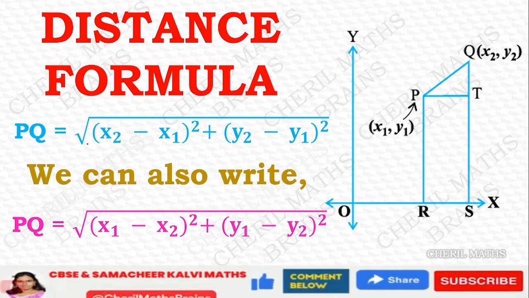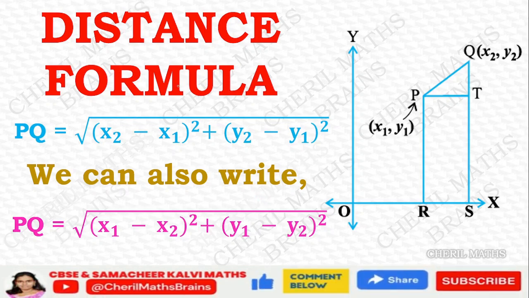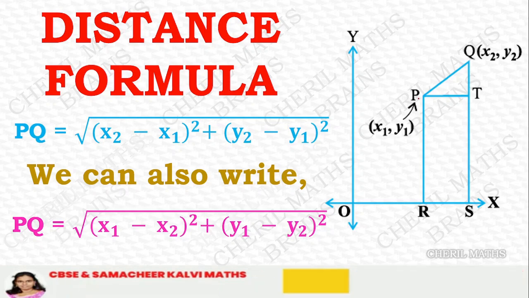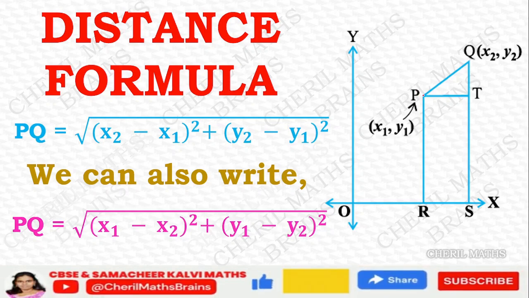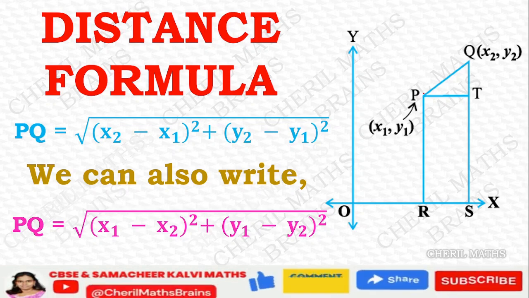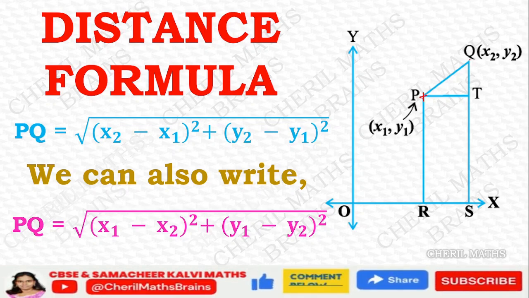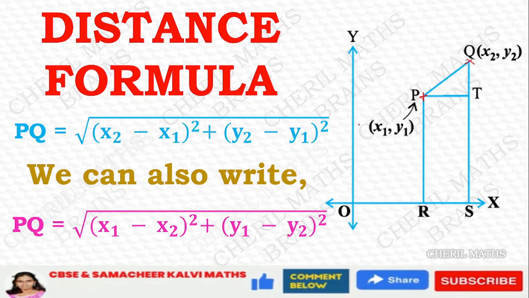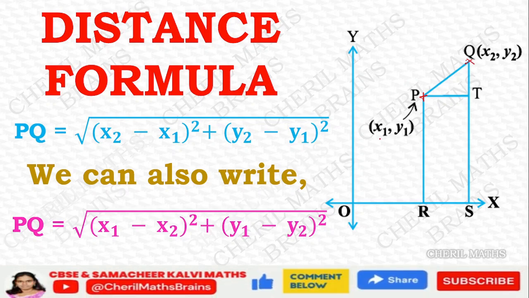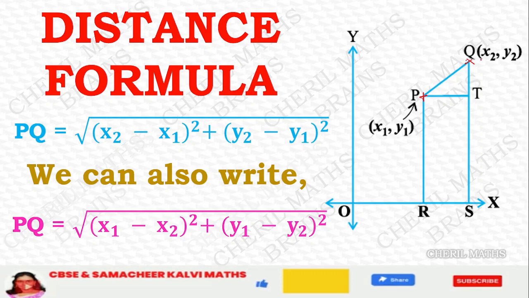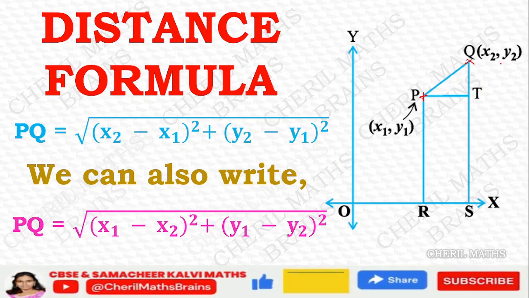So here we are asked to find the distance. Okay, for example, you have 2 points. So this is a point P and this is the point Q. For P we are writing it as x1 and y1, and for Q we are writing it as x2 and y2.